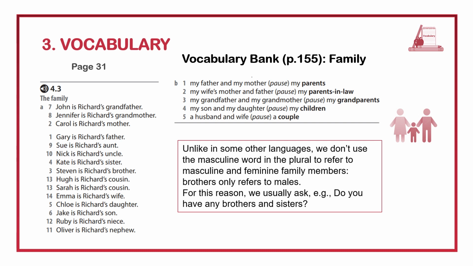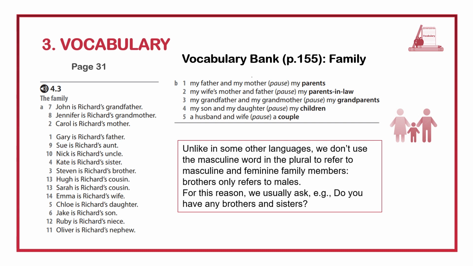Now we can also practice with these family trees and ask some questions and answer them. For example, tell me, who's Jennifer? The right answer is, she's Richard's grandmother. So you say the relationship. Now tell me, who are Sue and Nick? They're Richard's aunt and uncle. So you tell me, who's Kate?